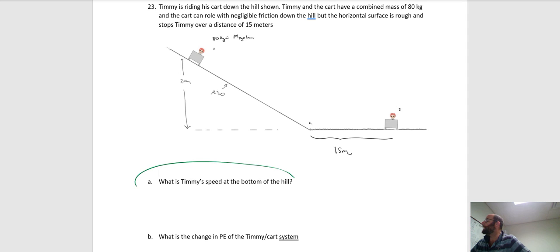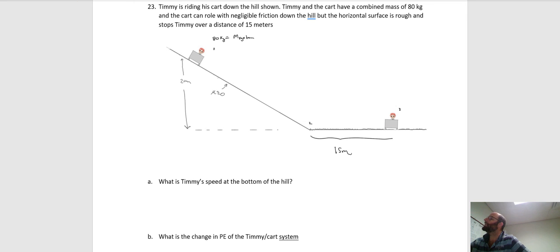You found that in part A. What you can do now is write a work-energy equation between positions 2 and 3. There's no change in potential energy, so your PE2 and PE3 are both 0. You're going to have a KE2 term because at position 2 the Timmy-cart system is moving pretty fast. Your KE3 term would be 0.